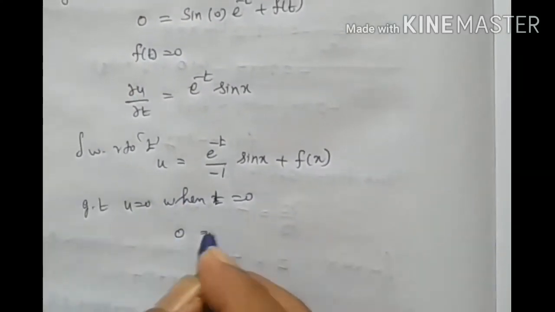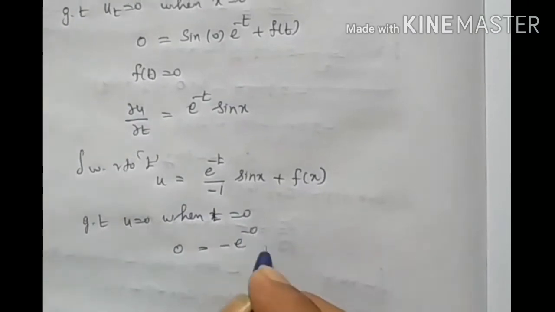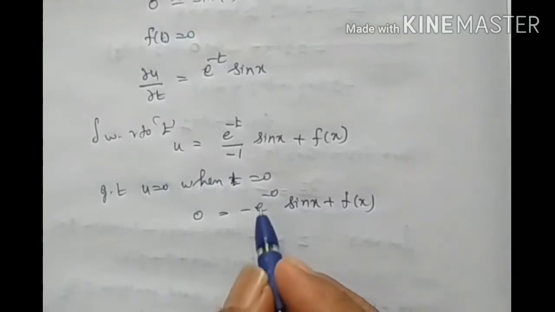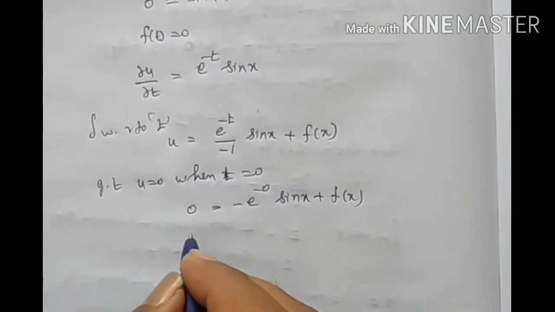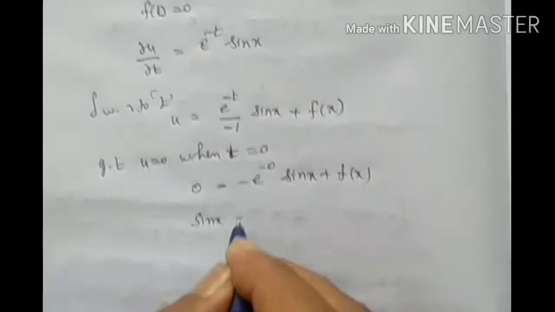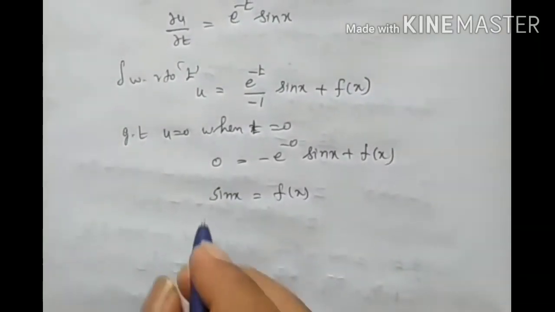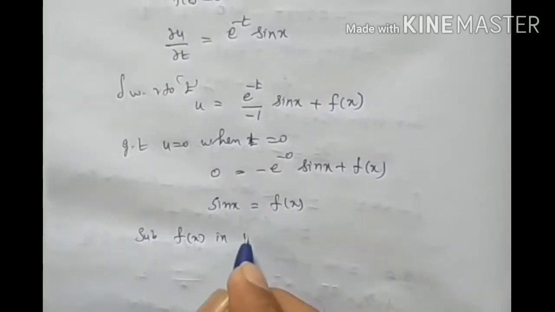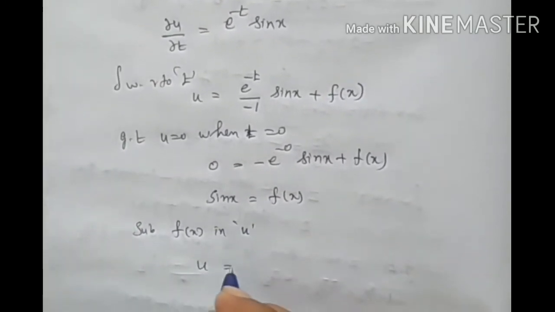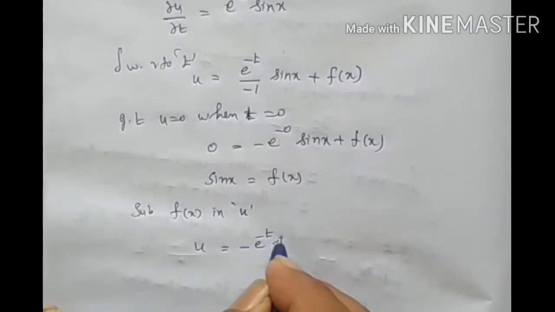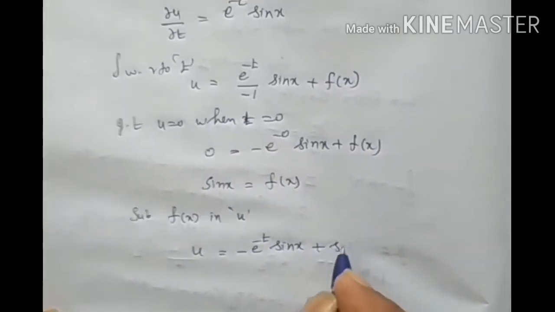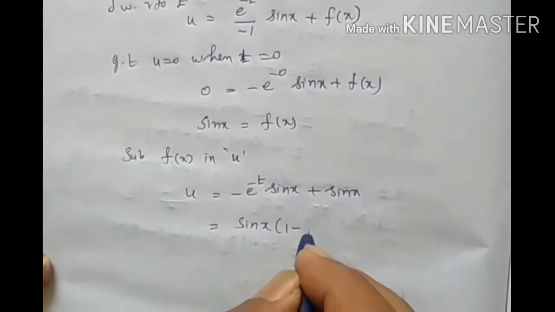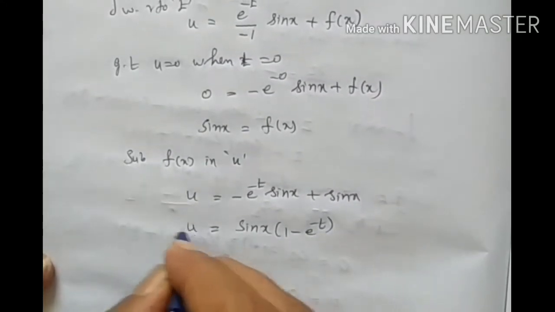So u is 0 equals minus e power minus 0 into sin x plus f of x. Bring it to the left-hand side. E power 0 is 1. So sin x equals f of x. So substitute f of x in u. We get u equal to minus e power minus t into sin x plus sin x. We take sin x common. We get sin x into (1 minus e power minus t) as the answer.